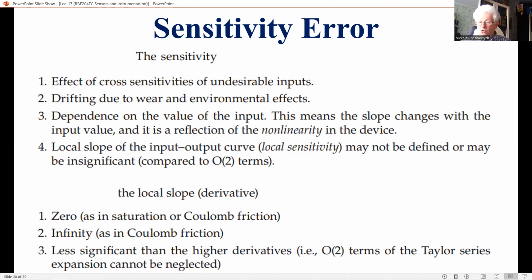In such a situation, a global sensitivity may be used. Error in sensitivity may be represented using a plus-minus range of variation of the average sensitivity, which corresponds to the difference between the minimum and maximum values over which the actual sensitivity may vary. And this total variation of the sensitivity, maximum minus minimum, is a measure of the static nonlinearity of the device.